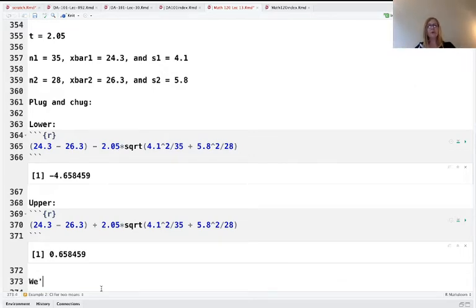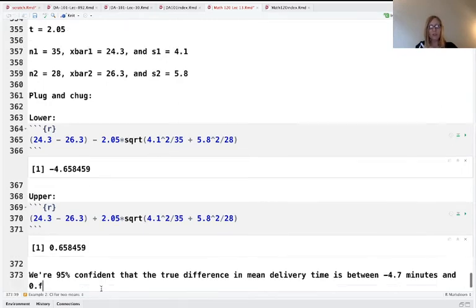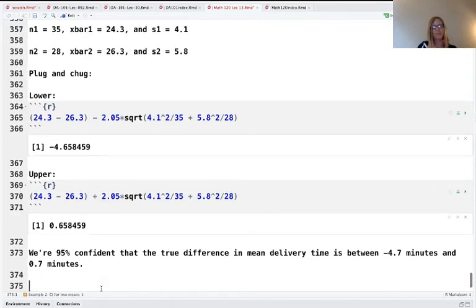In other words, we're 95% confident that the true difference in mean delivery time is between negative 4.7, I'll just round it off, negative 4.7 minutes and 0.7 minutes.